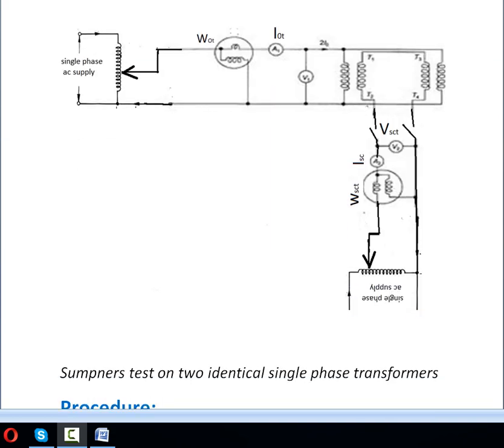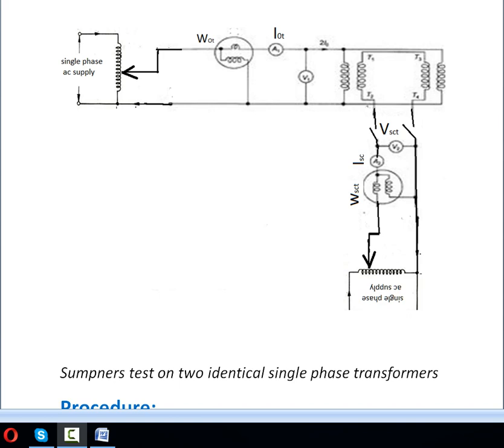Coming to the circuit, here we find the two transformers. This is one transformer, this is another transformer. This first transformer's primary is here, the secondary is here. Similarly, this is the second transformer's primary, and this is the secondary winding of the second transformer.